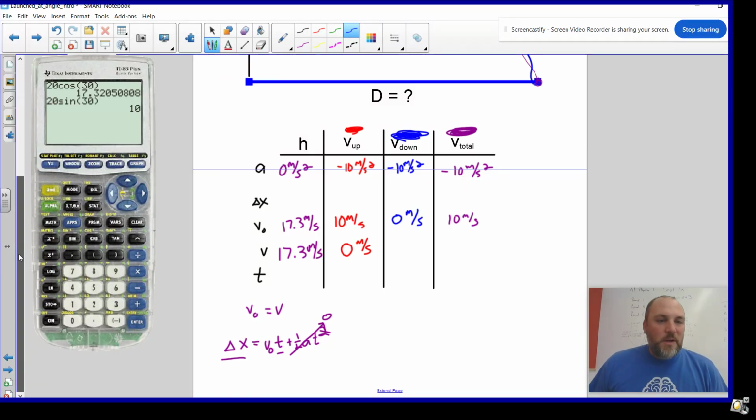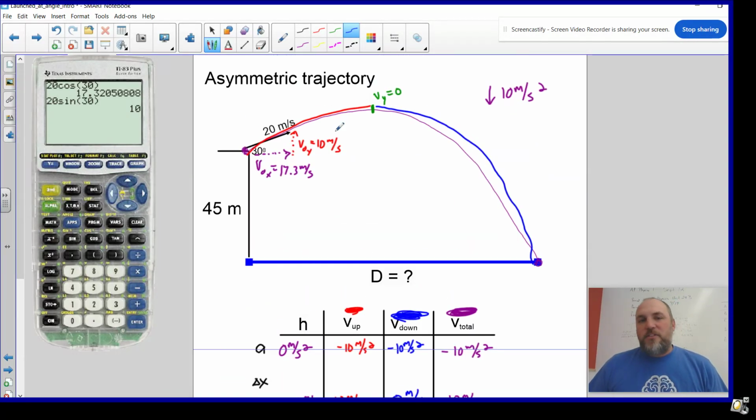So at the beginning of the blue path, the vertical velocity is also 0. So that would be the initial velocity for the downward part of the trajectory. I also know that in the symmetric trajectory, for the end of the total flight path, I just took the initial velocity and flipped it over. Well, that's going to happen here. So over here, when I return to my original height, I will have a downward velocity of 10 meters per second, but that wouldn't be the total flight path.